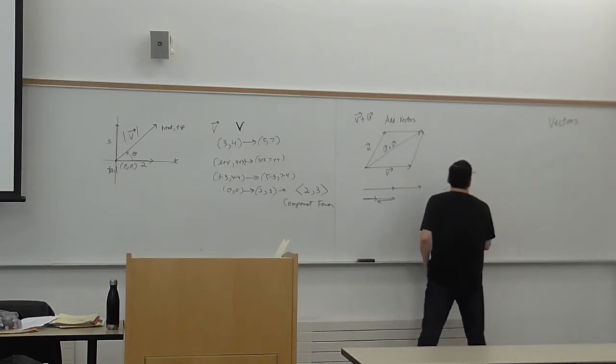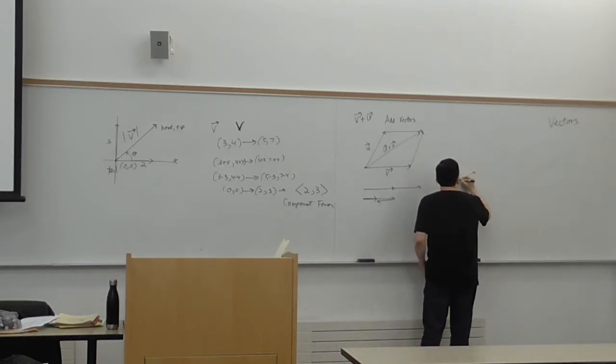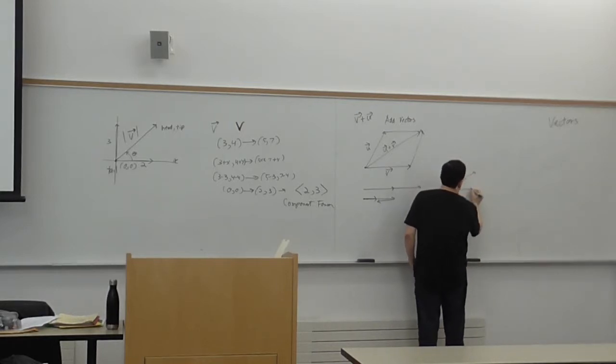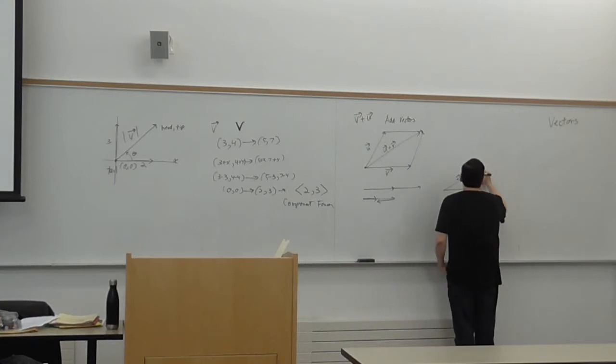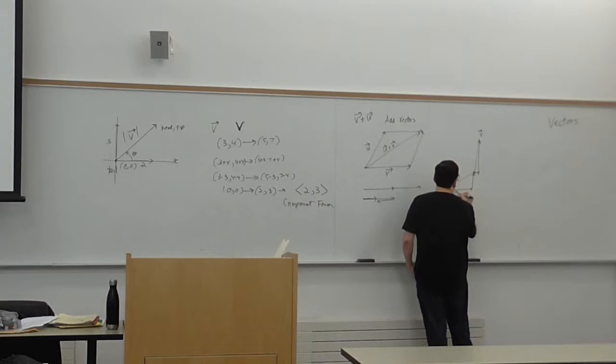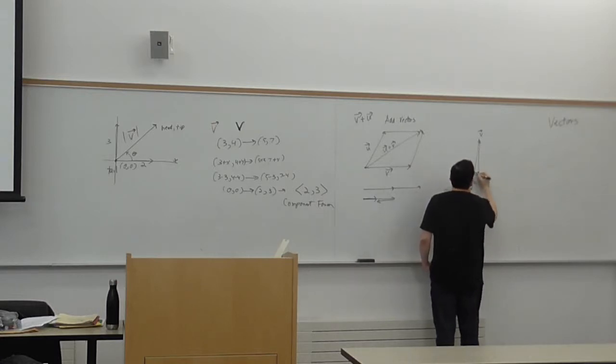If I have some vector u here, and it has x and y components, and I want to add it to some vector v, which also has x and y components. So this is ux, uy, vx, vy.